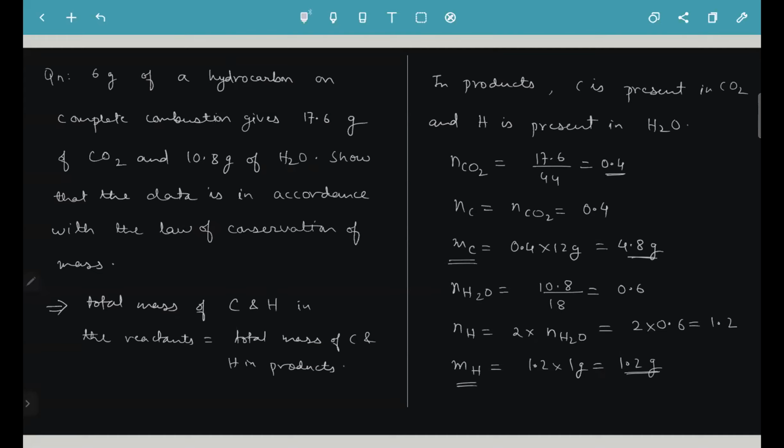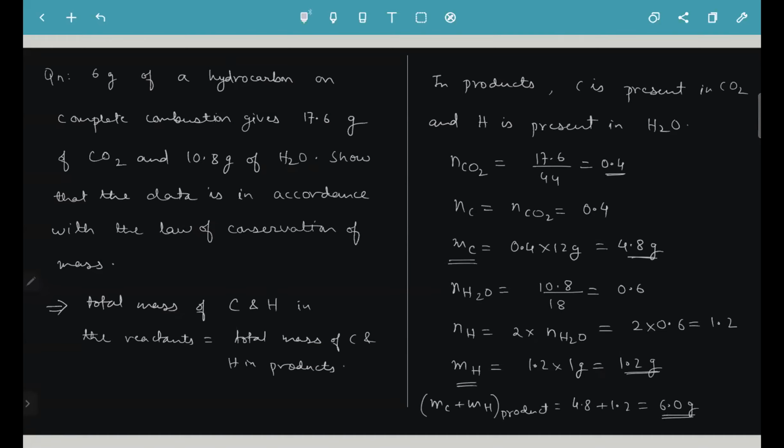Add it. Total mass of carbon plus hydrogen in the product is equal to 4.8 plus 1.2, which is 6 grams.